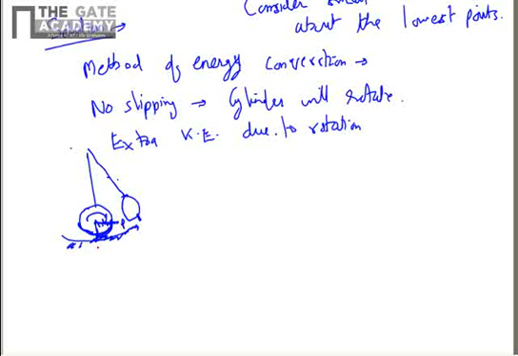Let's say this point is P, this point is O. After deflection of theta of this body, P will be in touch, and O will come somewhere here after this rotation, because rolling is taking place. This is a clockwise rotation.